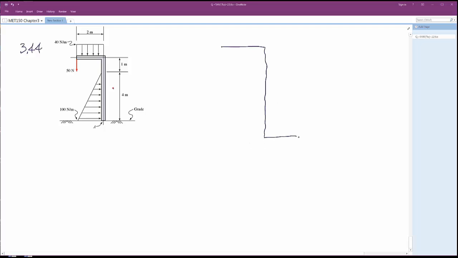So I would normally have an AX probably going here, an AY doing this. Now I know I've got a 50 Newton force coming down here. That's a given.